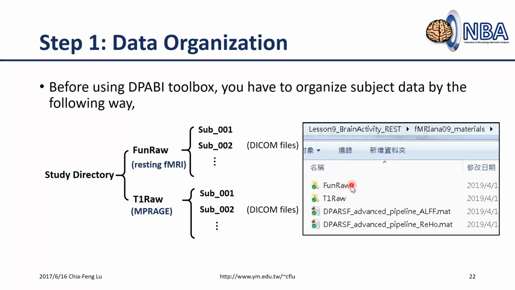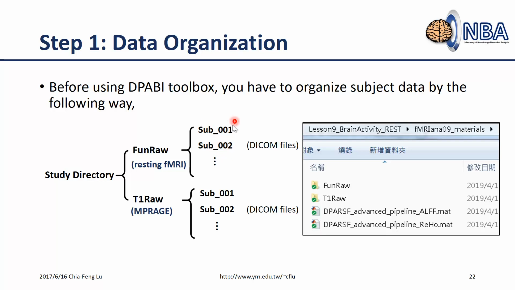In our demonstration today, I only create one subject folder named sub_001 for both the FunRaw folder and the T1Raw folder. Under the FunRaw and T1Raw directories, you can put several different subjects' data within these subfolders.